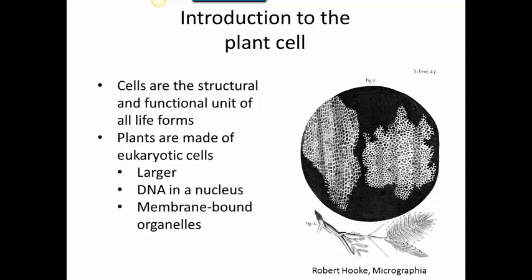So cork cells are the cells in the bark of plants. So the outside of stems that are undergoing secondary growth, we have these bark cells. And this is where he coined the term cells. So he thought that the cork looked like the monks' quarters in a monastery, the cells. And so that's where we got the name cells.